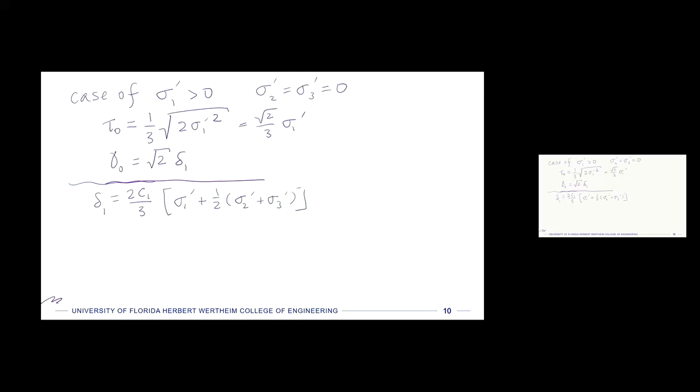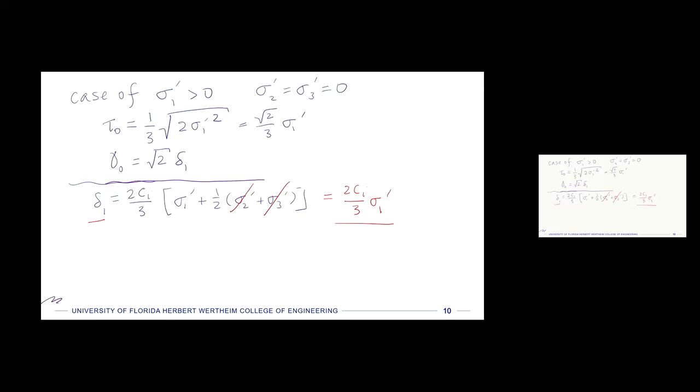Right, and so now we can cross out the sigma 2, sigma 3, so these go away. And we are left with delta 1 is equal to 2 C_I over 3, that's our coefficient, times sigma 1 prime. So this is our stress-strain relation for uniaxial tension, but plastic deformation instead of elastic deformation.